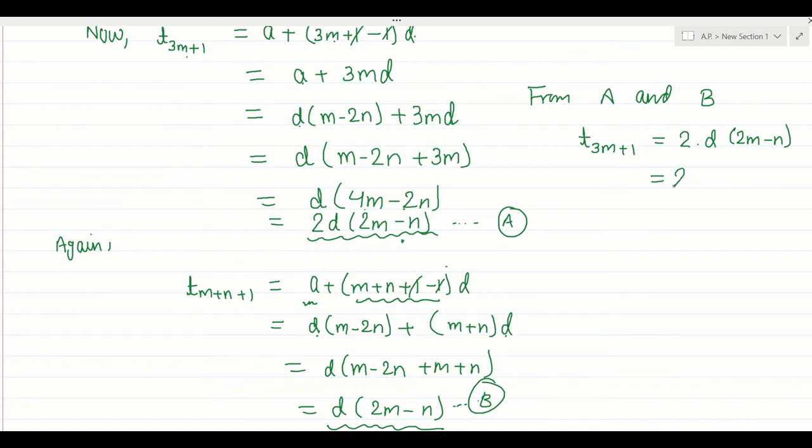Now equal to 2 into this D in bracket 2m minus n is same as this one, which can be replaced by T m plus n plus 1. So we can write T m plus n plus 1, which has to be proved.